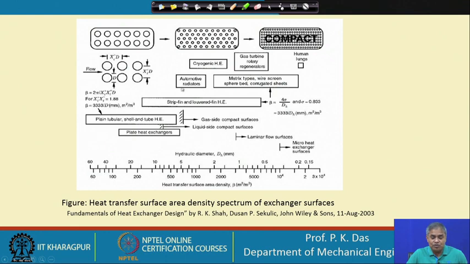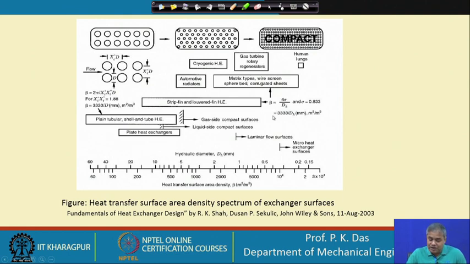Automobile radiator, there could be different designs. Nowadays, the design has been changed with micro scale geometrical passages. Fin geometry and the tube geometry both have changed. Then matrix type, wire screen type heat exchanger, in between we have got cryogenic heat exchanger, gas turbine rotary regenerator.